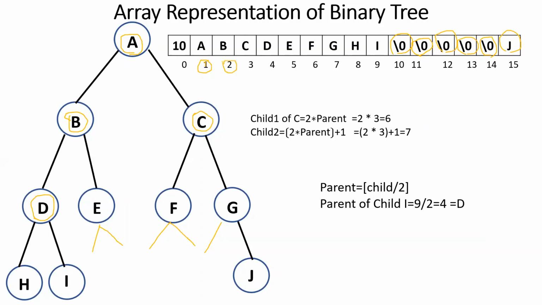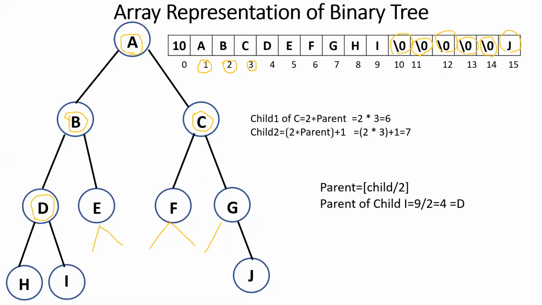Now the index of the right child is 2 into the index of the parent plus 1. So here the index of the parent is 1, that means 1 into 2 plus 1. So the right child will be at index number 3. Now consider another example.